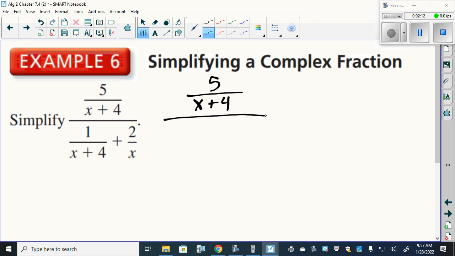So to get them to be the same, x plus 4 plus 2 over x, we need the denominators to be the same. So for the 1 over x plus 4, for it to have the same denominator, I need to multiply it by x over x. For the 2 over x, I need to multiply it by x plus 4 over x plus 4.